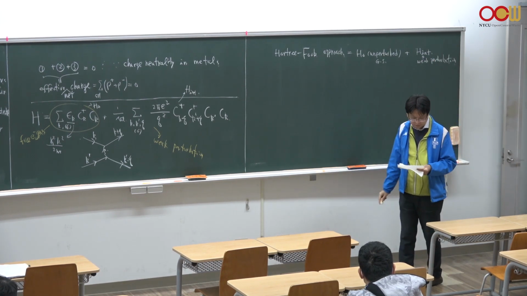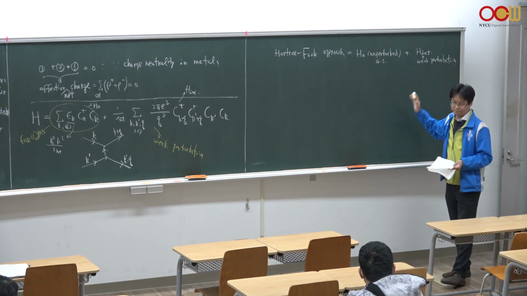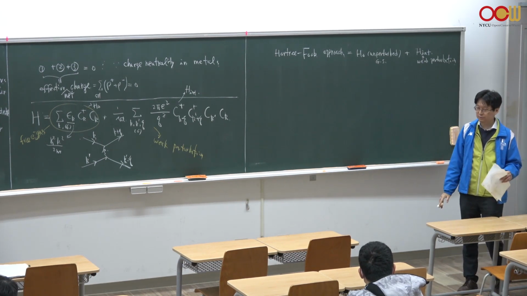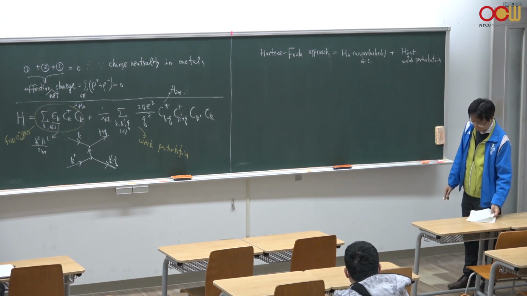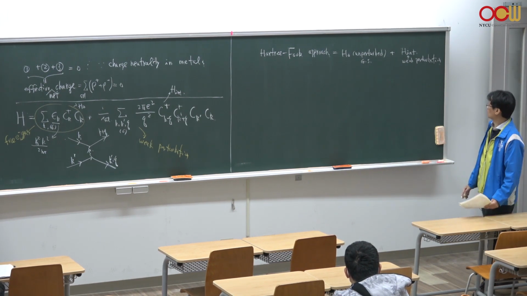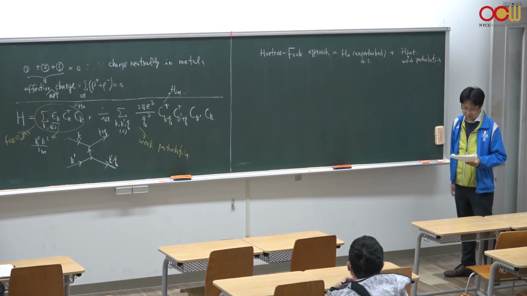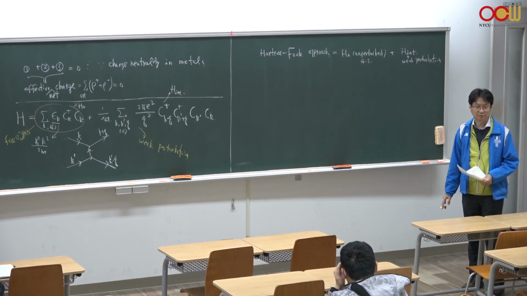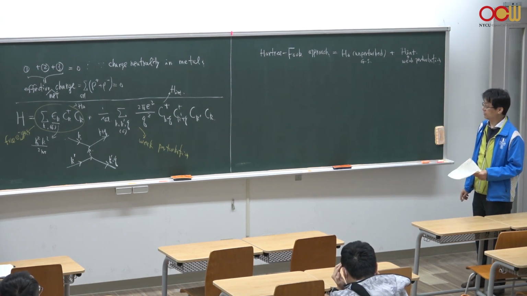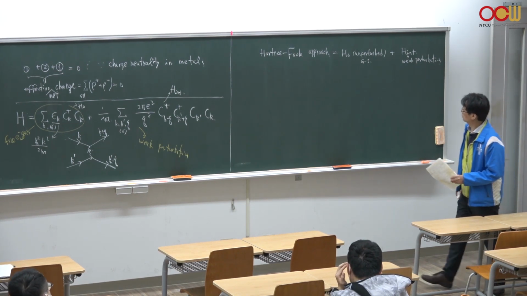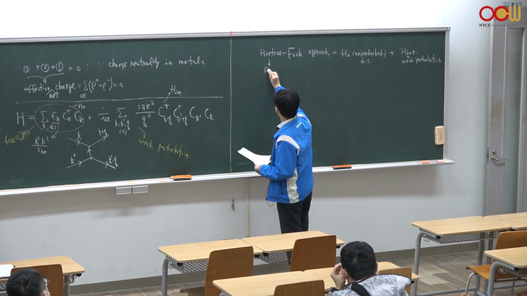Later we'll see that this Coulomb interaction in the long-range limit is not weak. It is really, really strong, and this Hartree-Fock approach fails to capture many low-temperature behaviors of metals. So this approach failed.